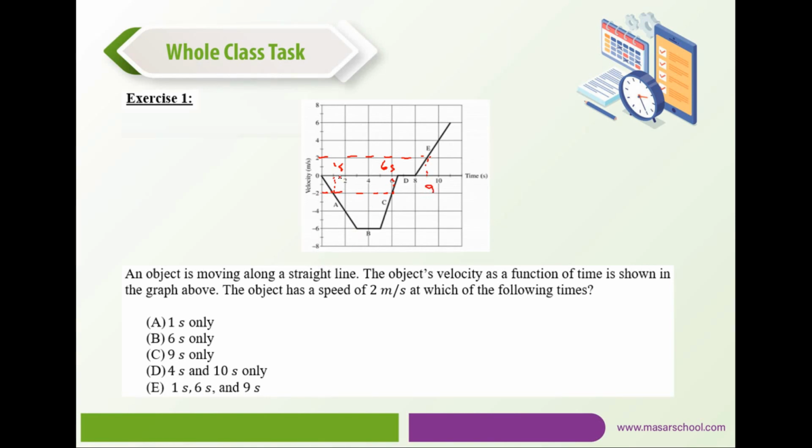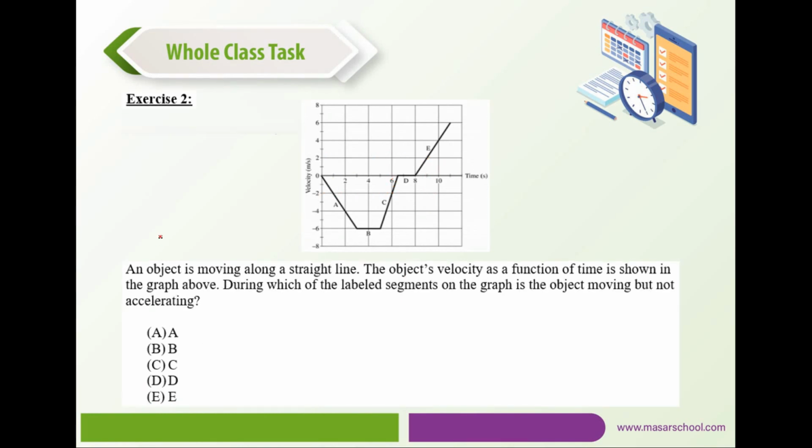Then in this case we have 1 second, 6 seconds and 9 seconds, and the correct answer would be E. If they're asking for the velocity to be 2 meters per second, then that would be at the time 9 seconds solely.